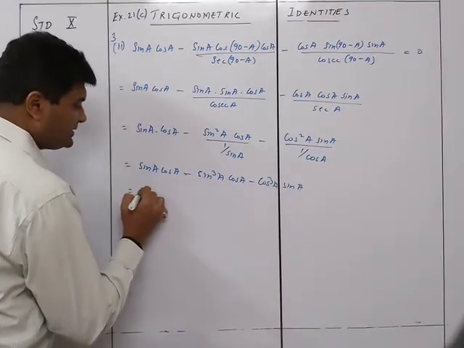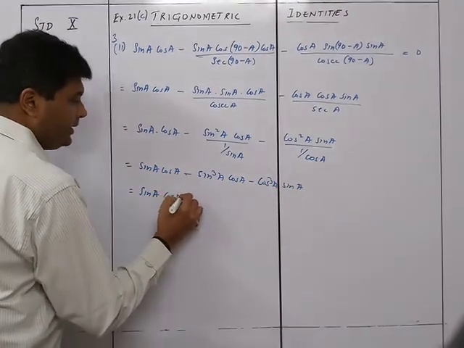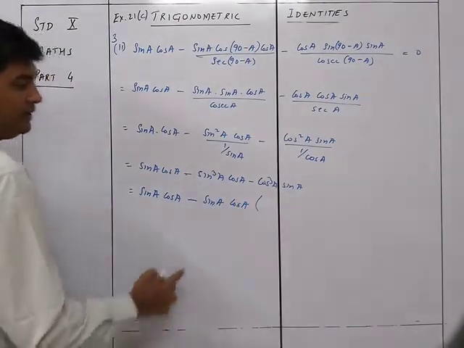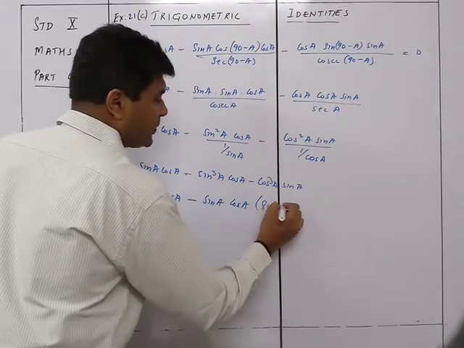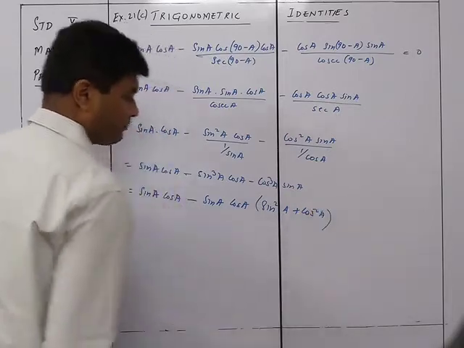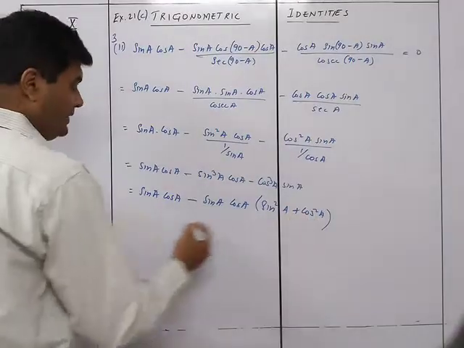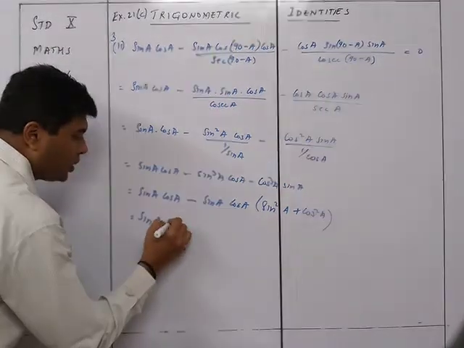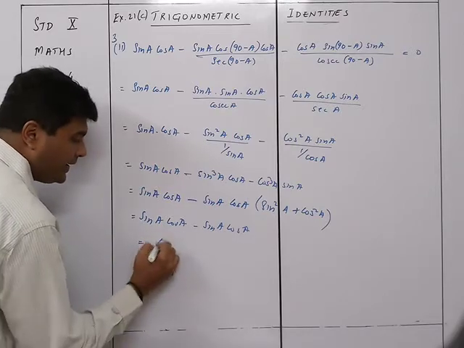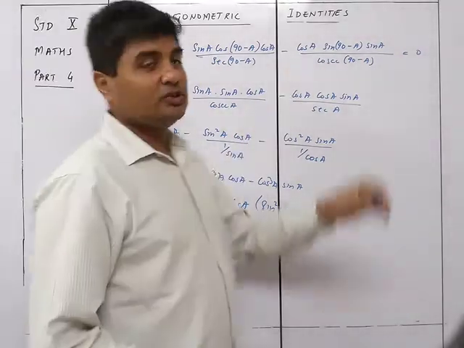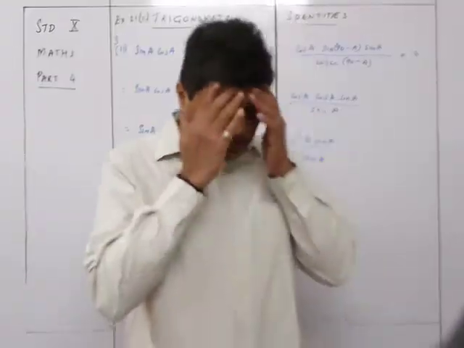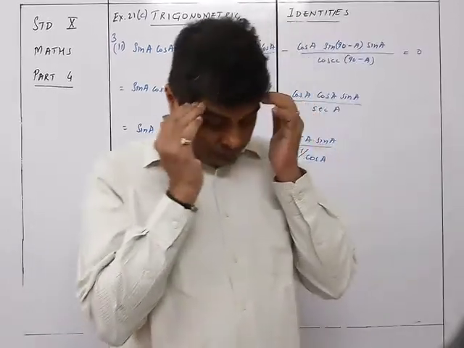So that will give me sin A cos A minus sin A cos A bracket. What will remain here will be sin square A, here plus cos square A. This is nothing but 1. So that will be sin A cos A minus sin A cos A is equal to 0. Okay, that's it. So that is 0. This gives you exercise 21C, third sum, third's second.